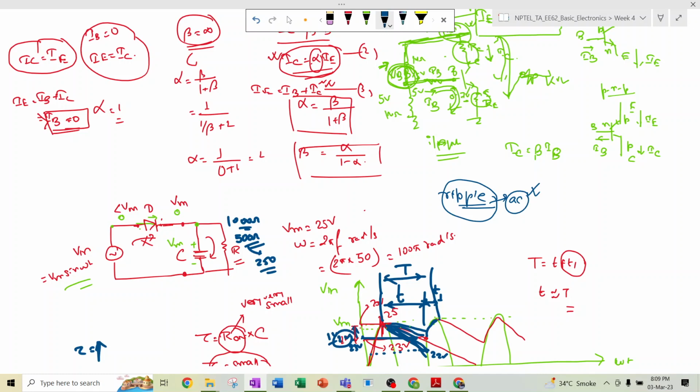Ideally it should be a constant value, DC. So how much AC is there depends on the ripple. It is not about more conduction or less conduction. It can be determined by the filter also, the RC value. Understood, right?